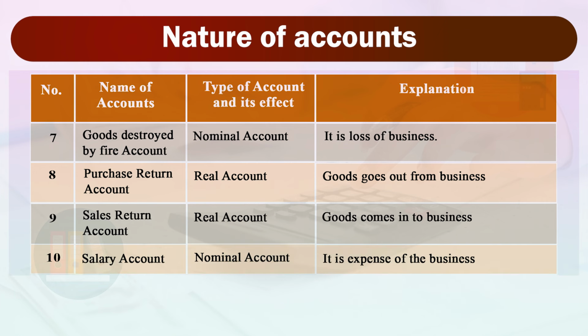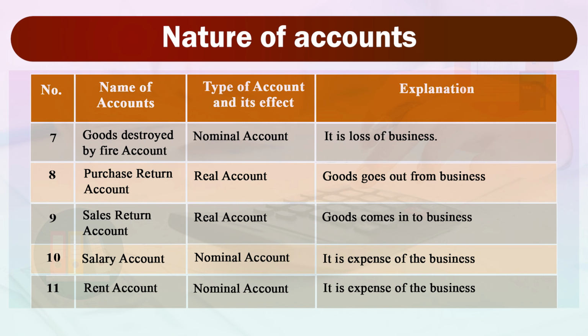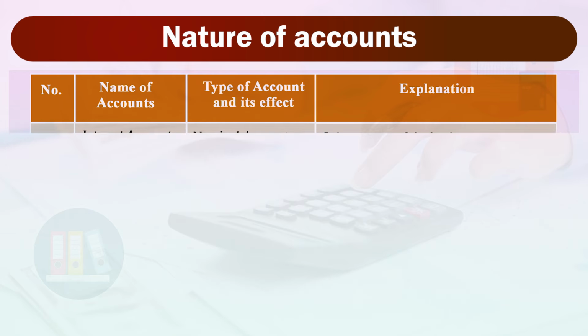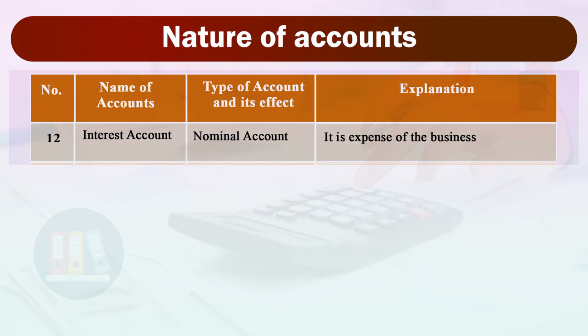Next is salary account. Salary is an expense of the business. So, it is treated as a nominal account. Next is rent account. So, rent is again the expense of the business, it will be treated as a nominal account. Next is interest account. Interest can be the expense and it can be the income.